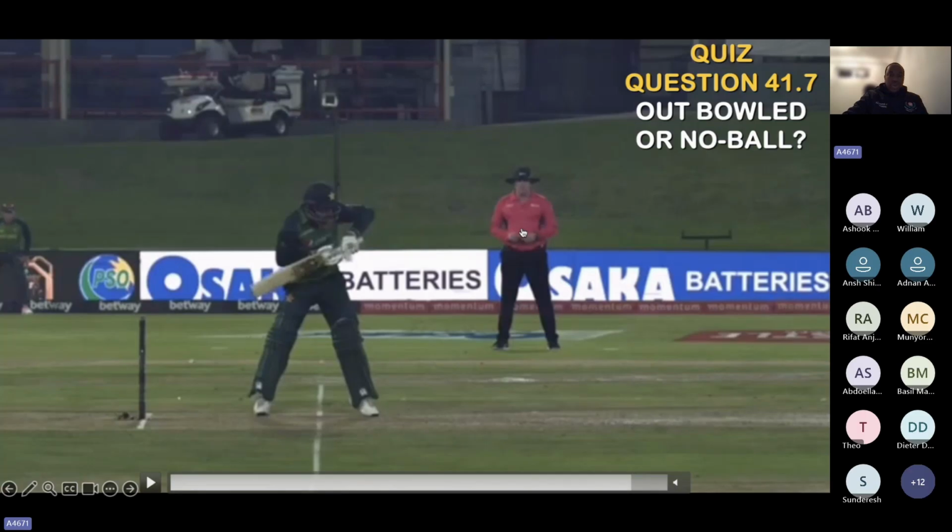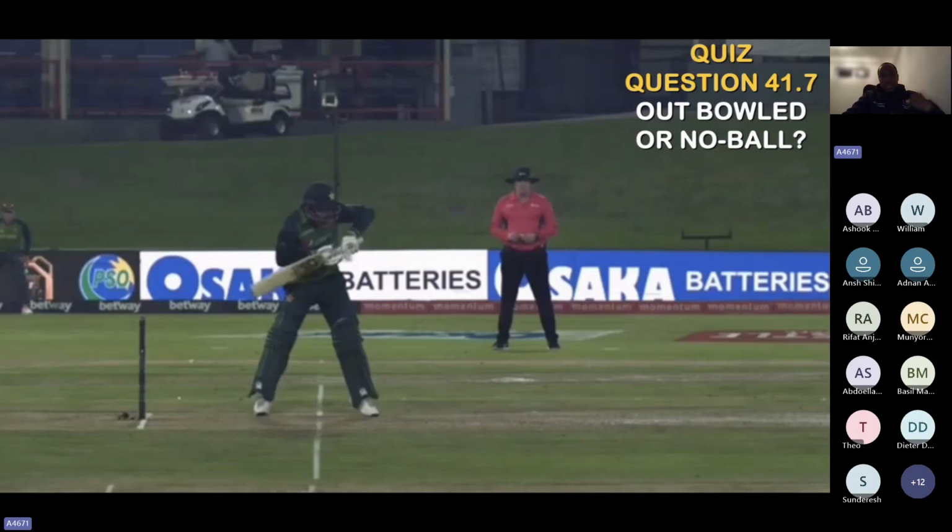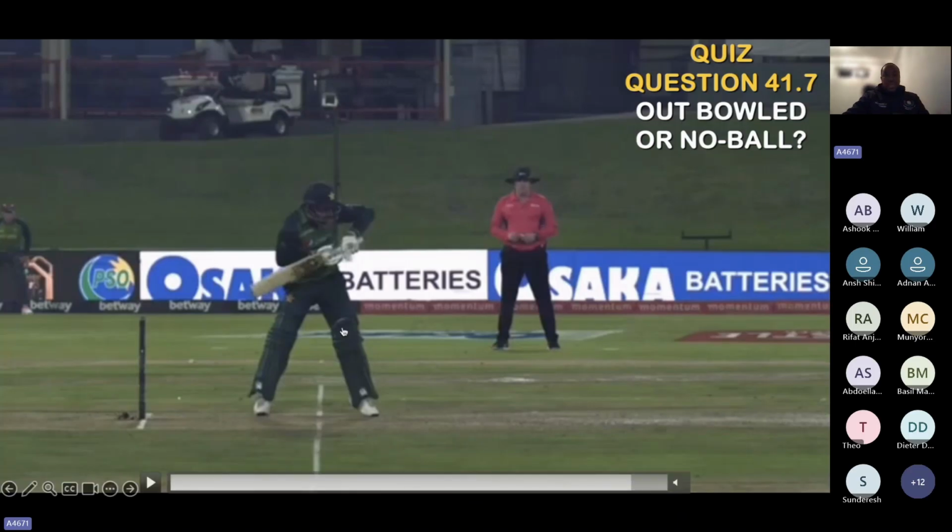Whereas if you don't call it and a wicket results, then you can review it. The TV umpire will have a look and will then inform the on-field umpires to call and signal no ball, which is what happened in this case. And Shadab Khan was not out.